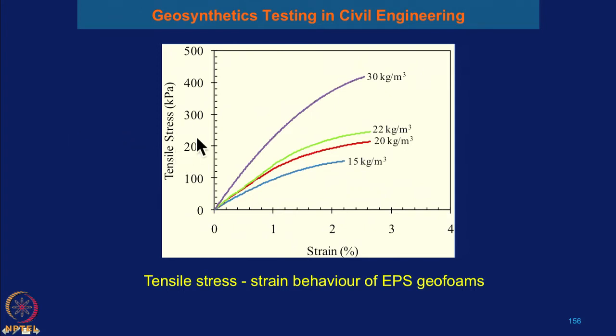This is the tensile stress in kilopascal and this is the strain in percentage, for different densities of the EPS geofoam: 15 kg per meter cube, 20, 22 and 30 kg per meter cube. You can see the stress-strain curve. The tensile stress is increasing with the increasing strain of the EPS geofoam material. There is no specified failure of the EPS geofoam during the tensile strength testing of the material.